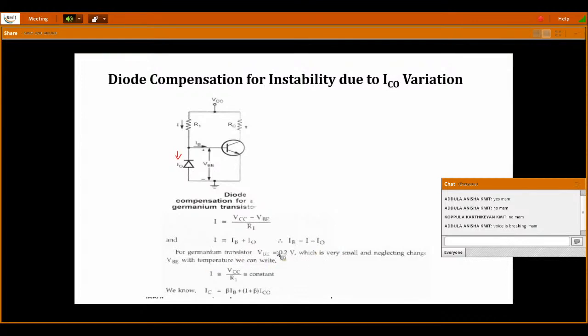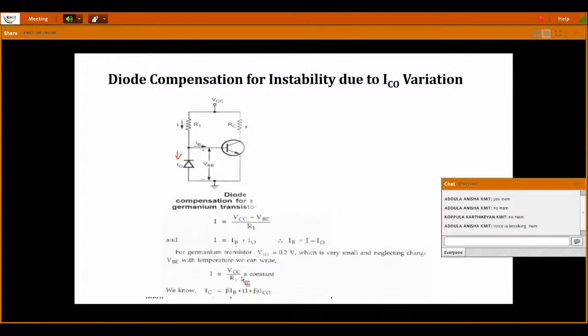For a germanium transistor, if the base to emitter junction is 0.2 volts, which is very small, we can neglect the variation of the base to emitter voltage with temperature. If I neglect the base current IB, then I is approximately equal to I naught, where I is equal to VCC by R1.